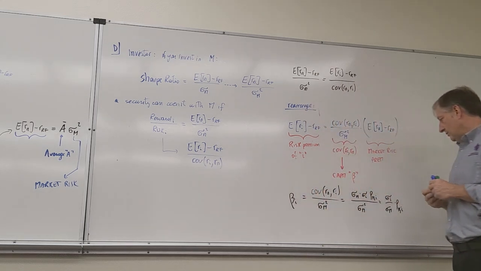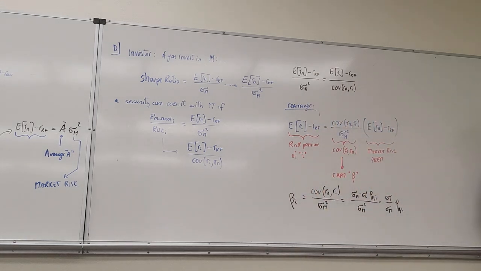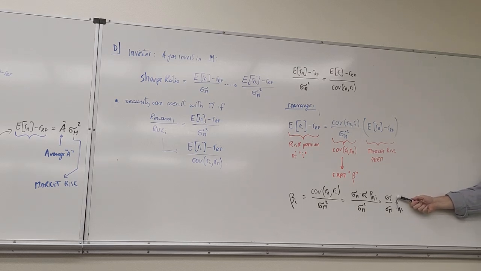So what is the actual beta of a stock? Beta is a product between the total risk of i, measured by standard deviation, scaled down by the risk of the market, and then multiplied by the correlation between the stock and the market.